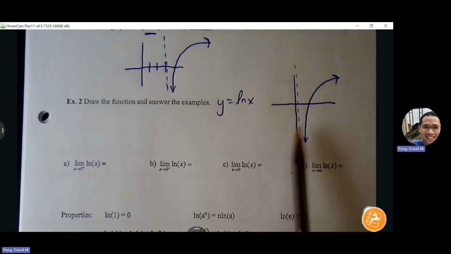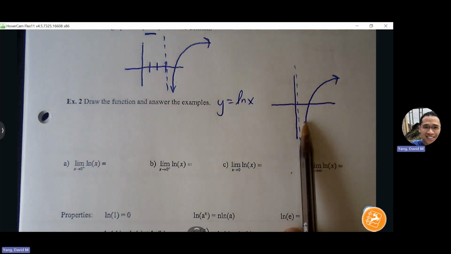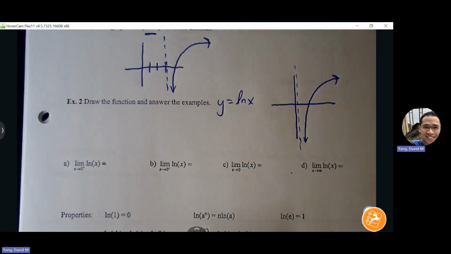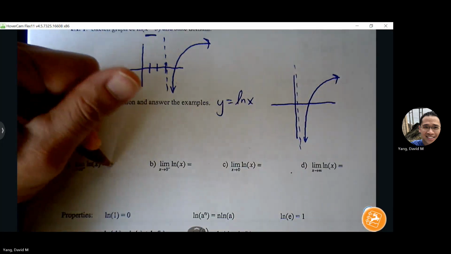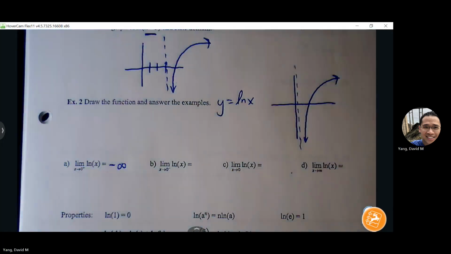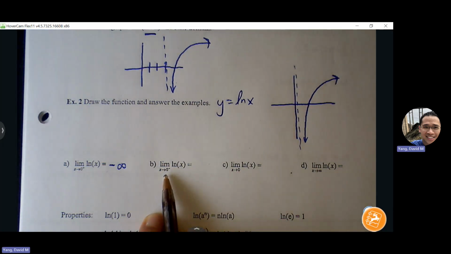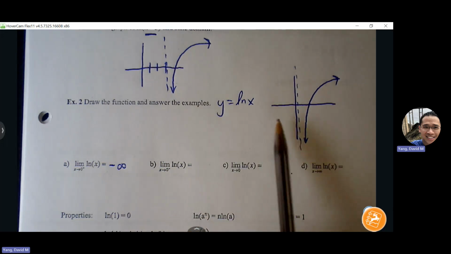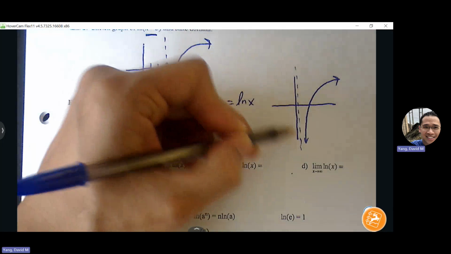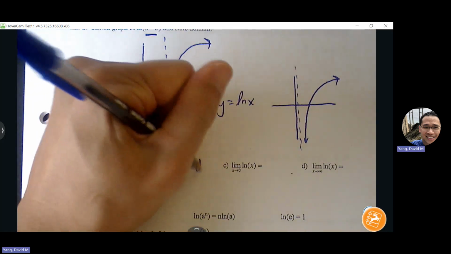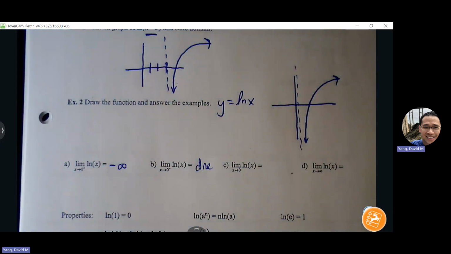That means we pick a point to the right of 0, and then we follow the graph left. And where's the y value going to? Negative infinity. Limit as x approaches 0 from the left side of 0. That means I have to pick a point starting on the left side of 0. Do I have anything here? No, right? So I can't move towards 0 on the left side if I don't have any graph here. So in this case, the graph doesn't exist, so I can't find the limit.